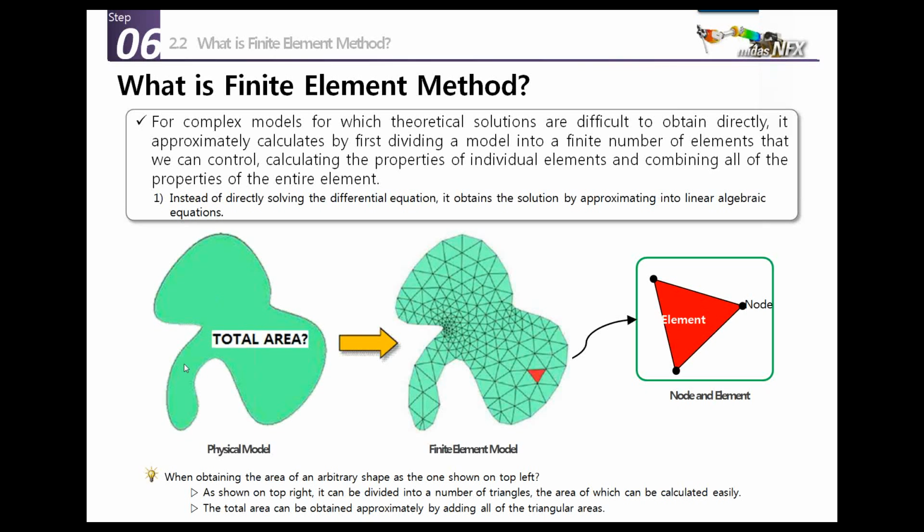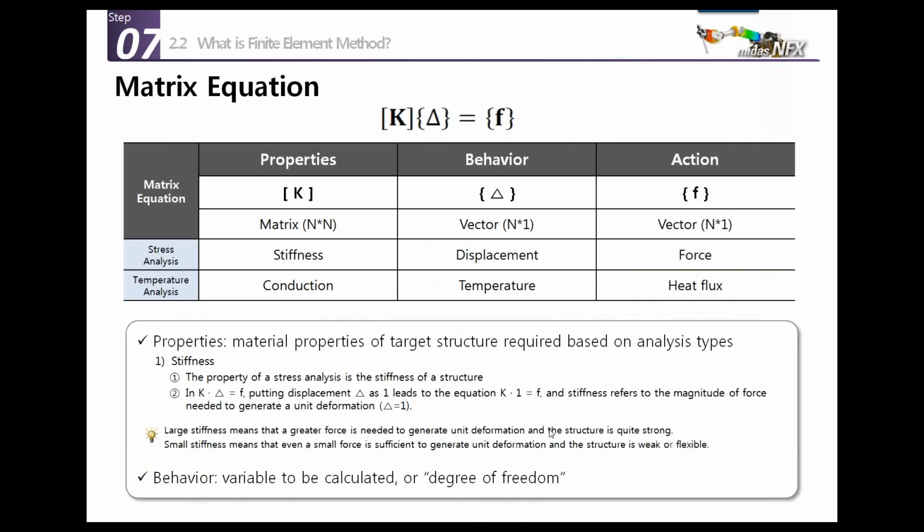So the basic method, which is the main principle of the finite element method, is just to divide this surface into very small surfaces, which are called elements, and at the boundary of these elements you have some nodes. Once you get this finite element model, you are able to solve the equation on each of these small triangles.